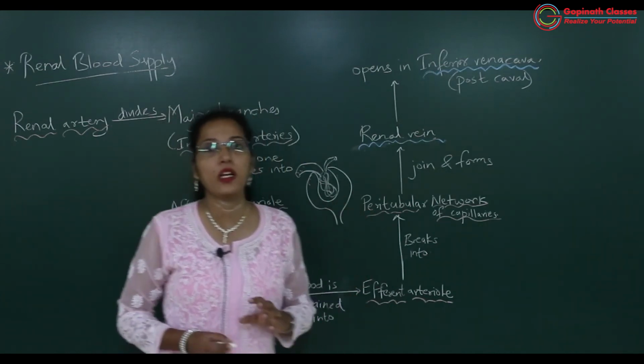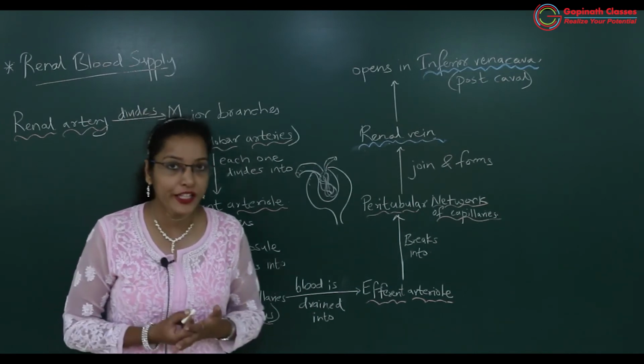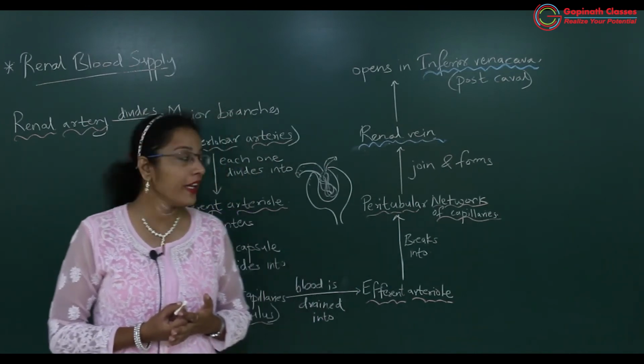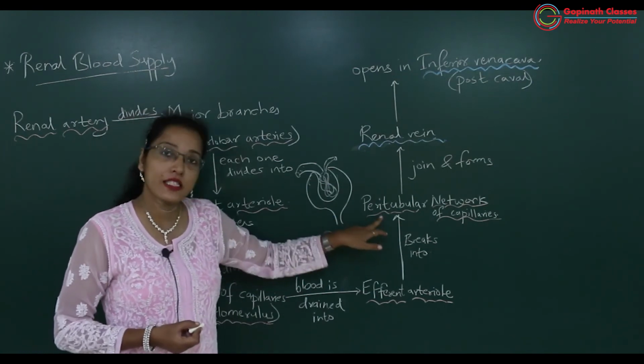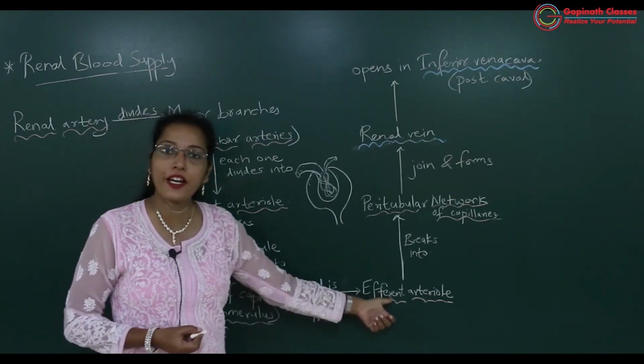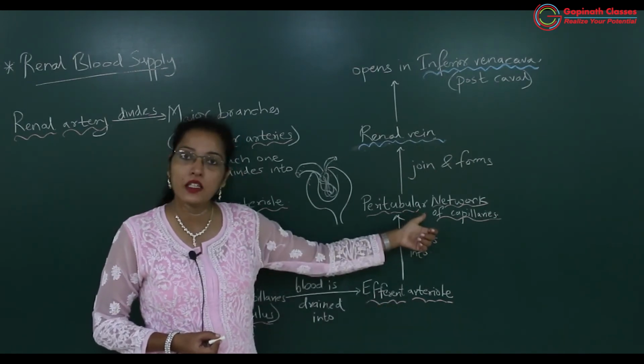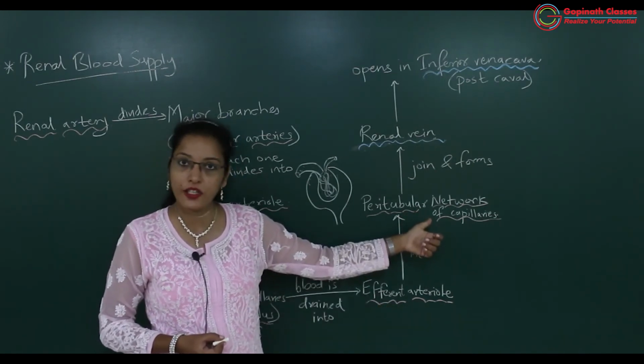These peritubular blood capillaries join to form the renal vein. What happens? These blood capillaries are formed because of division and redivision of the afferent arteriole. Where are these blood capillaries? Surrounding the tubule of the nephron.